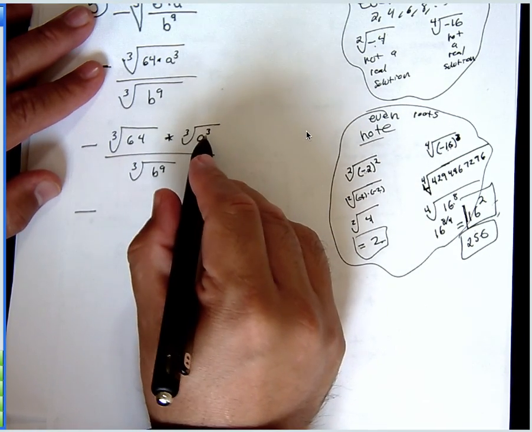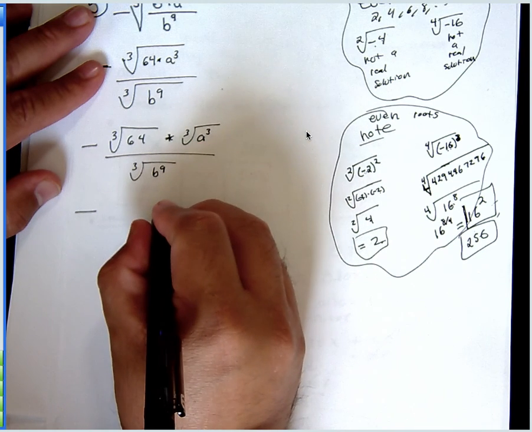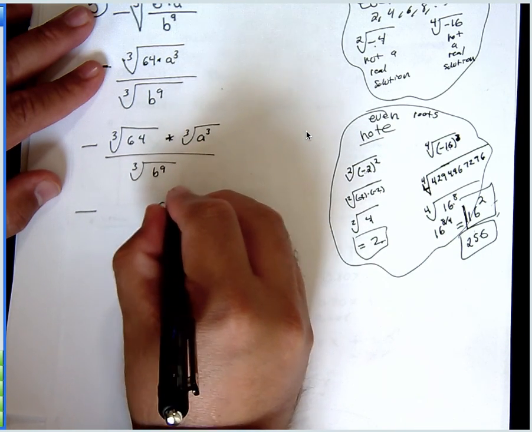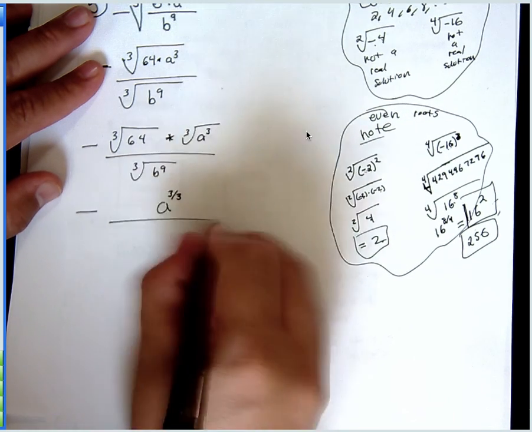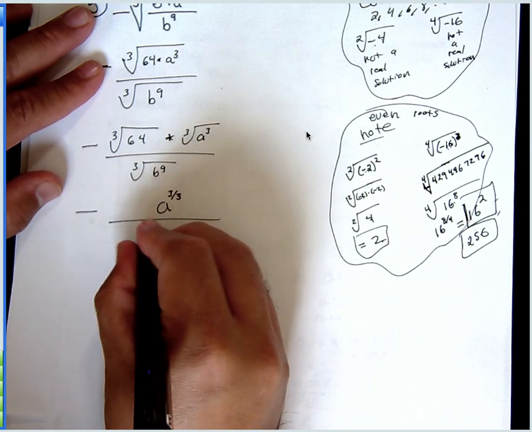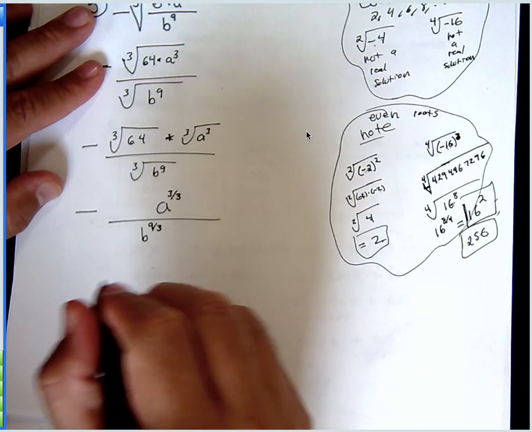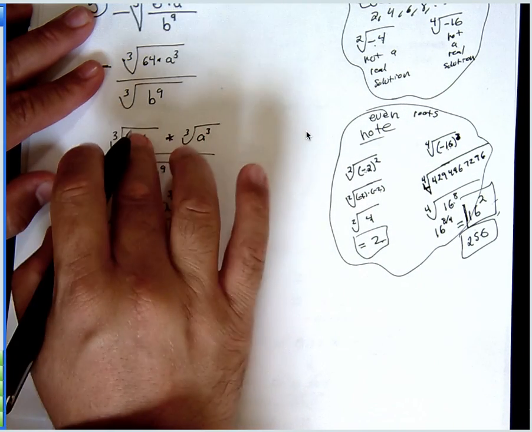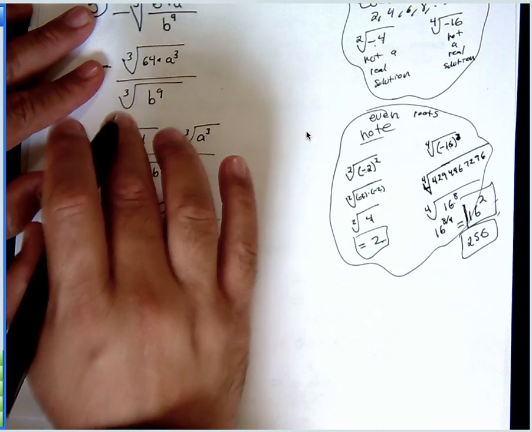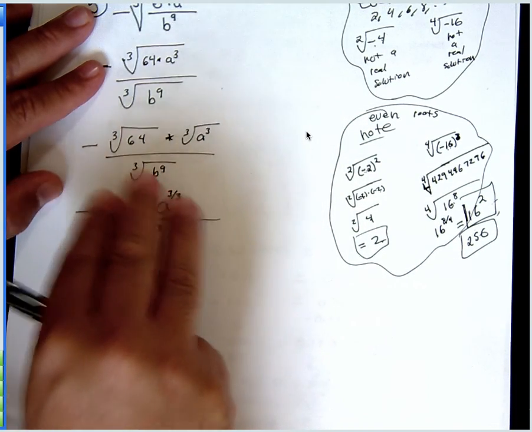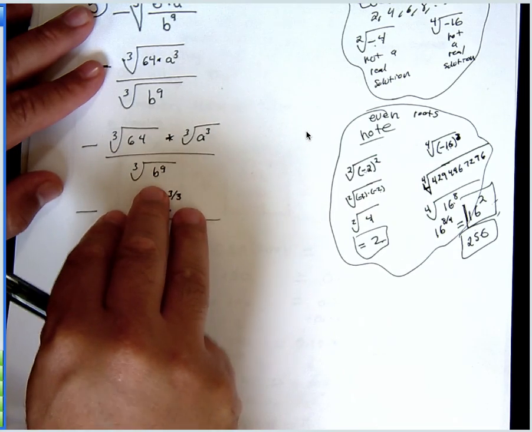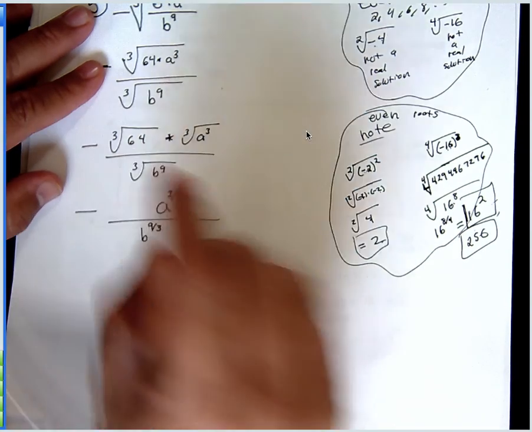For example, this one would just be 3 divided by 3. This one would just be 9 divided by 3. This part, you need to find a number where you multiply it 3 times, because it's a cube root, that would give you that 64.